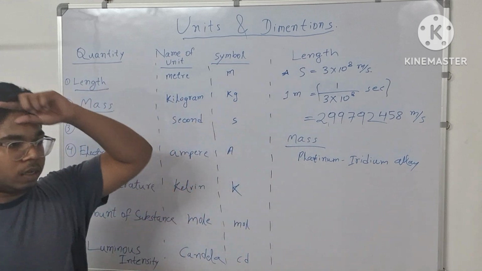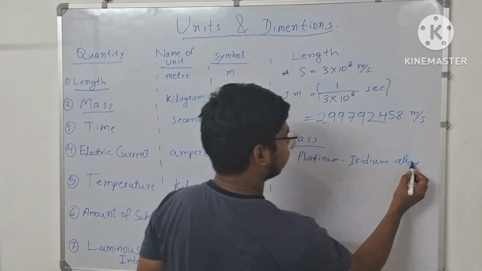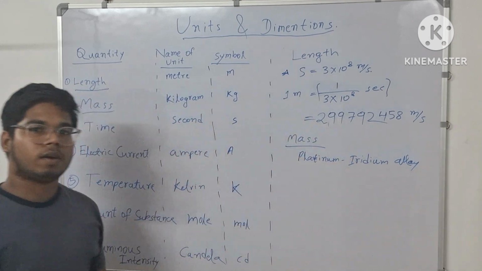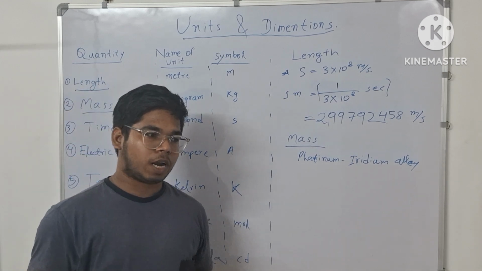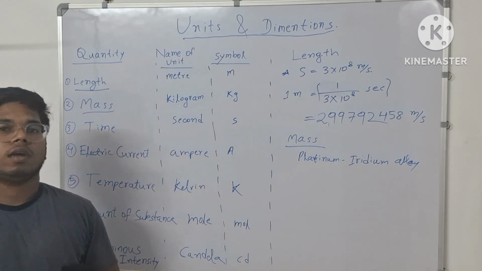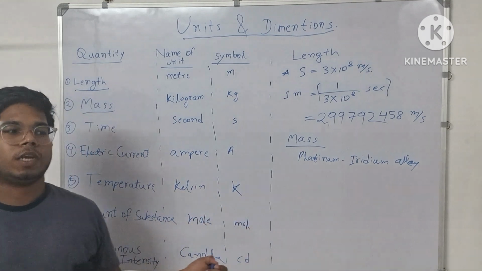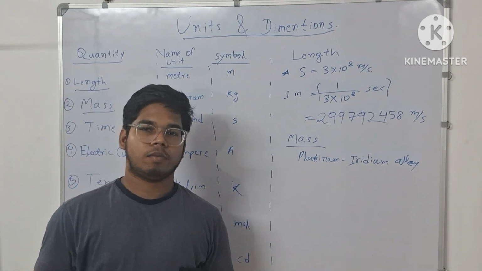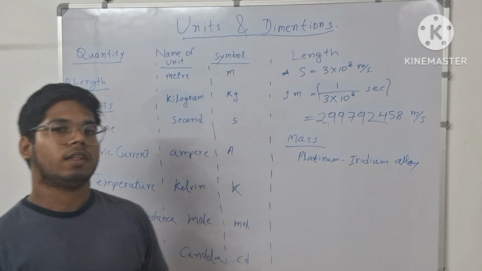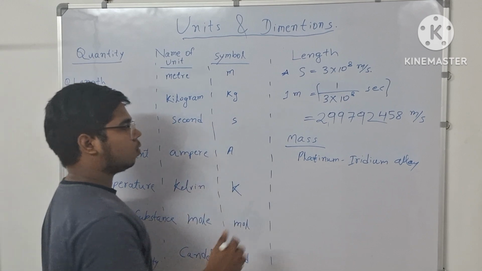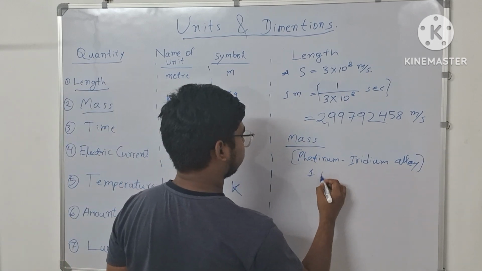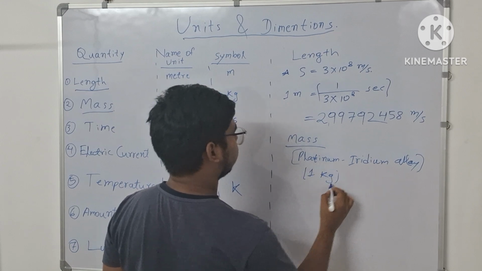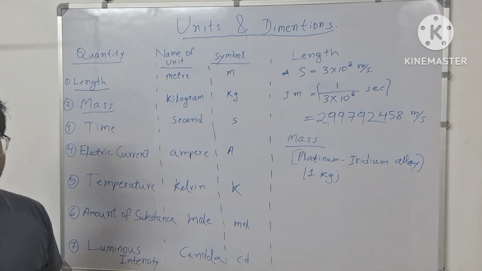It is a cylinder made of platinum and iridium of 1 kg, and it is placed in the International Bureau of Weights and Measures. That is our base unit reference. That will be the 1 kg, and with that we compare other quantities.